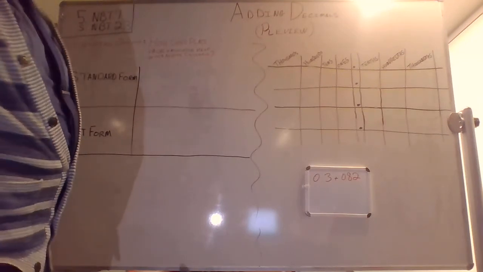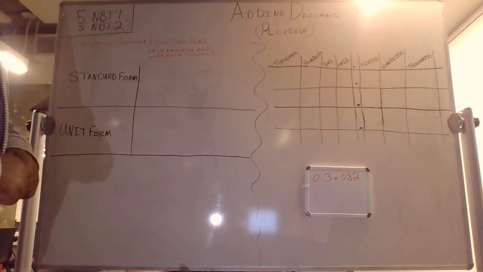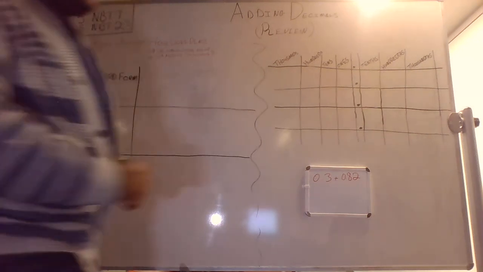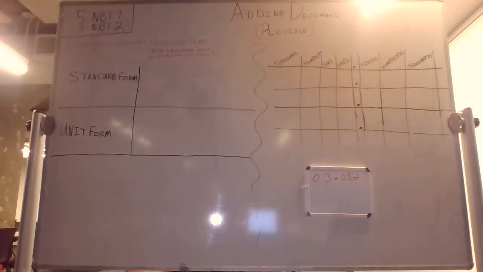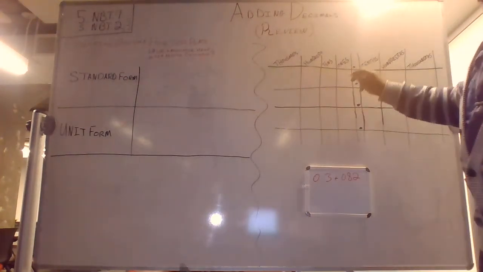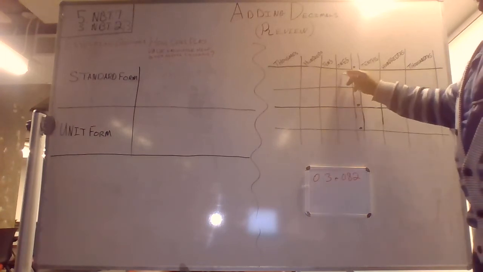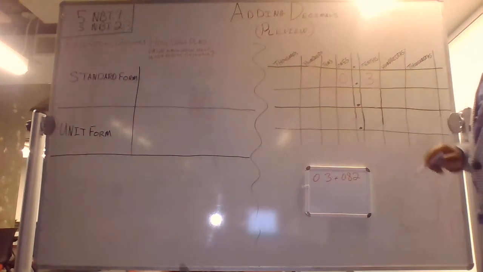All right, we're going to do one more, okay? 3 tenths plus 82 hundredths. All right. We're going to use our place value chart again, but this time we're not going to use the discs. Notice that for 3 tenths, I'm just going to put a 0 in the ones place, and I'm going to write a 3 in the tenths place.